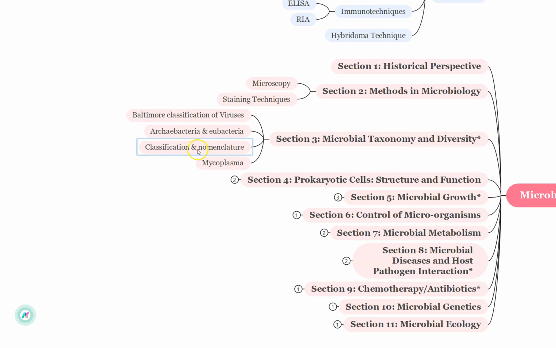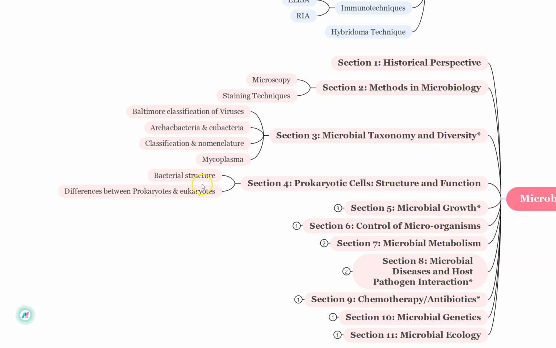The classification and nomenclature of different microbes and also mycoplasma. When I say nomenclature, based on different conditions like extreme temperature bearing or extreme salt bearing, and classification regarding the photoautotrophs or chemo, photolitho, like who will use which carbon source or what they will use as energy source. On these basis, this particular unit is very important.